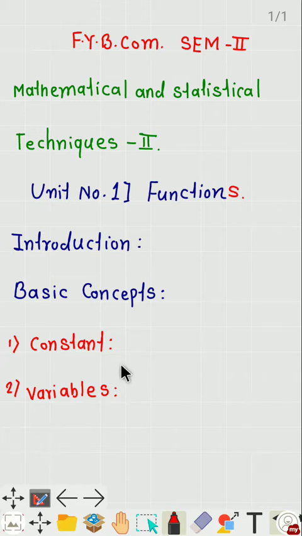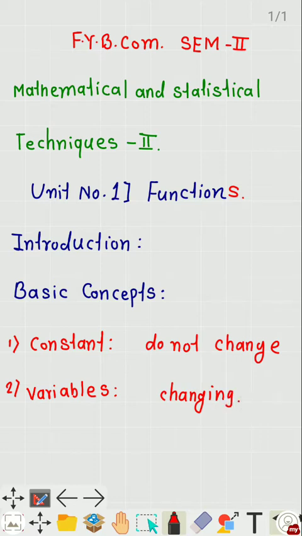The quantities which change are called variables. So this is the basic difference between constants and variables: constants do not change, and variables are changing.